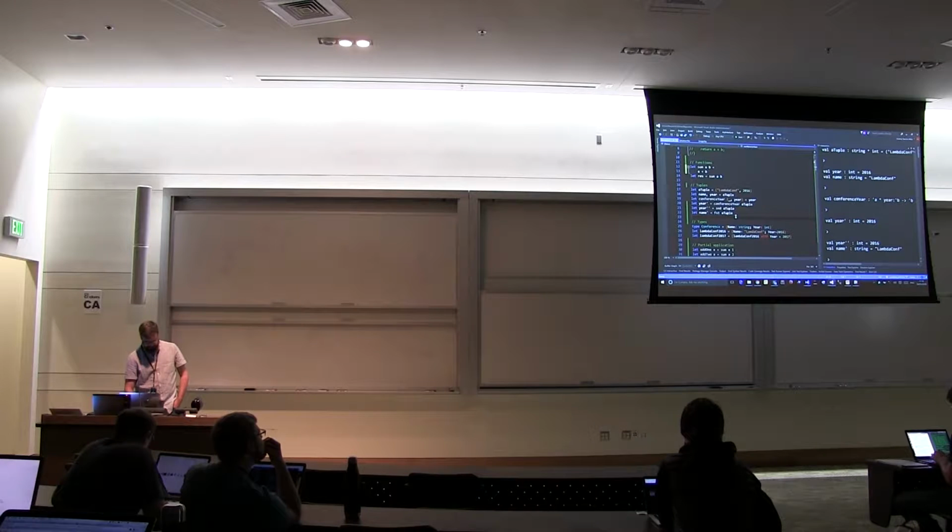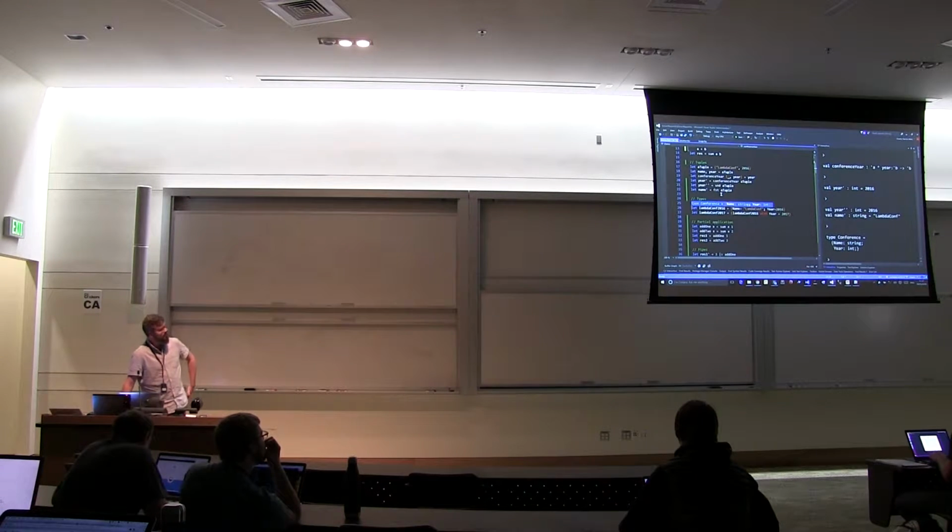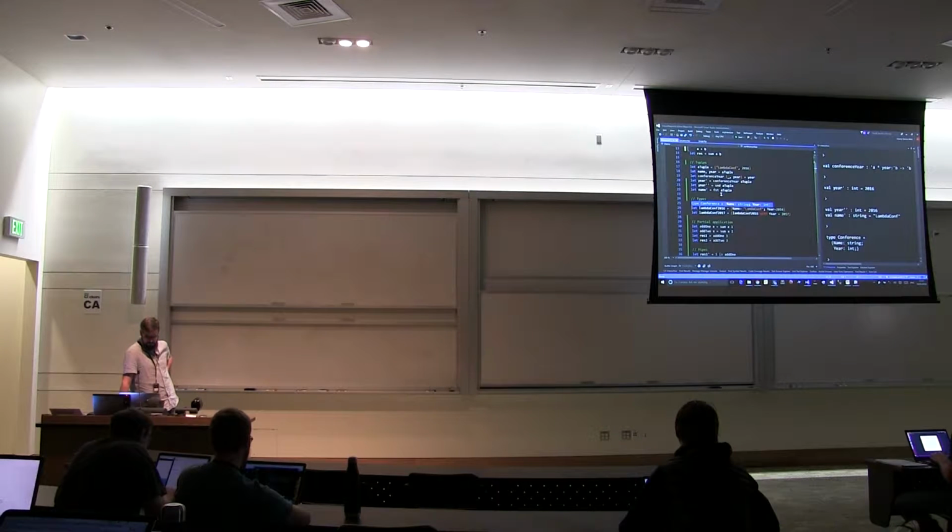Apart from tuples, we have types. You can think about types like structs or classes. Here we are defining a type Conference with a name and a year. In C#, this would be something similar to a class with two properties with private setters and one constructor with two parameters, name and year.